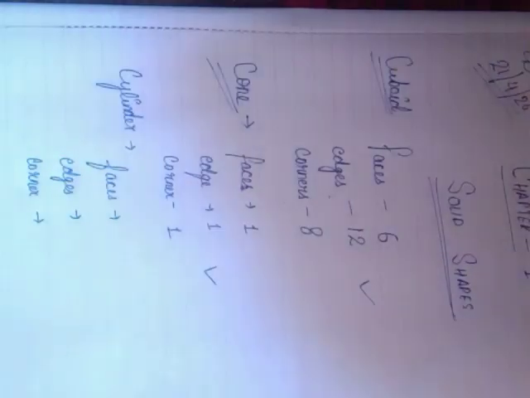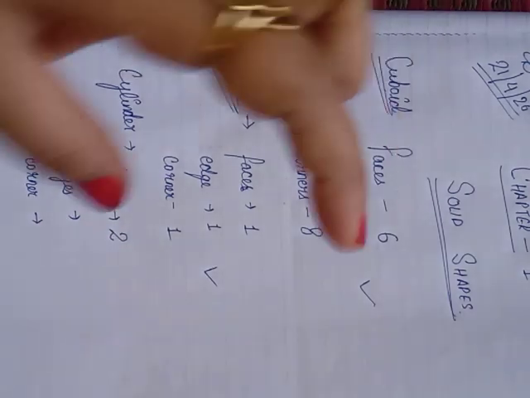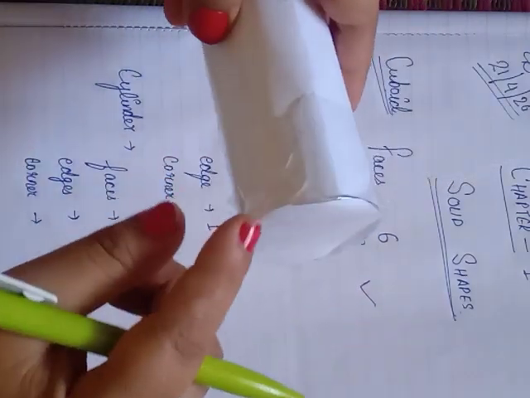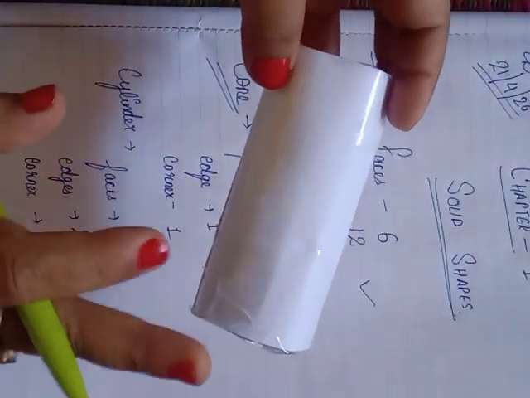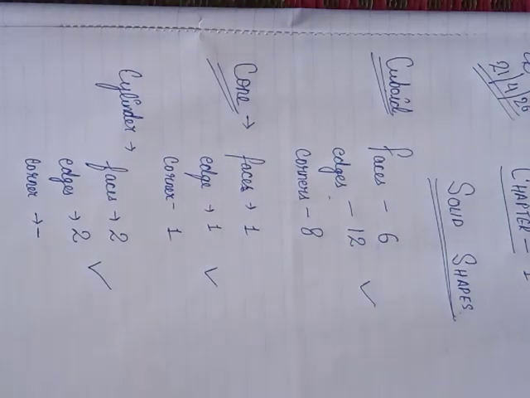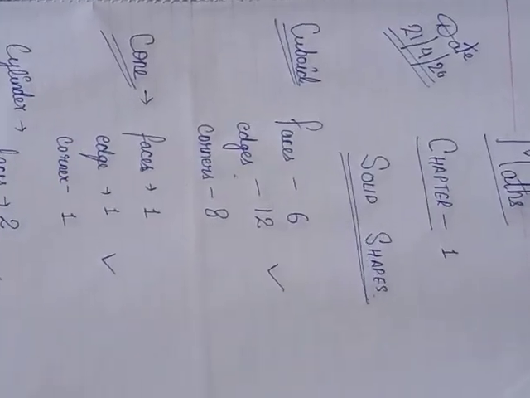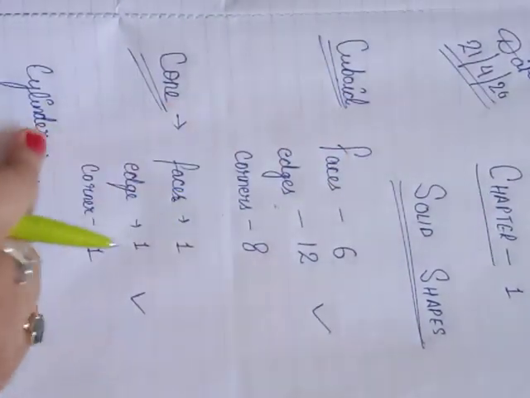Okay students, so we will write here, we have 2 faces in the cylindrical shape and 2 edges, 1 and this 2, with no corner. So I'll put a dash here. So here we have done our topic solid shapes, taking different examples.